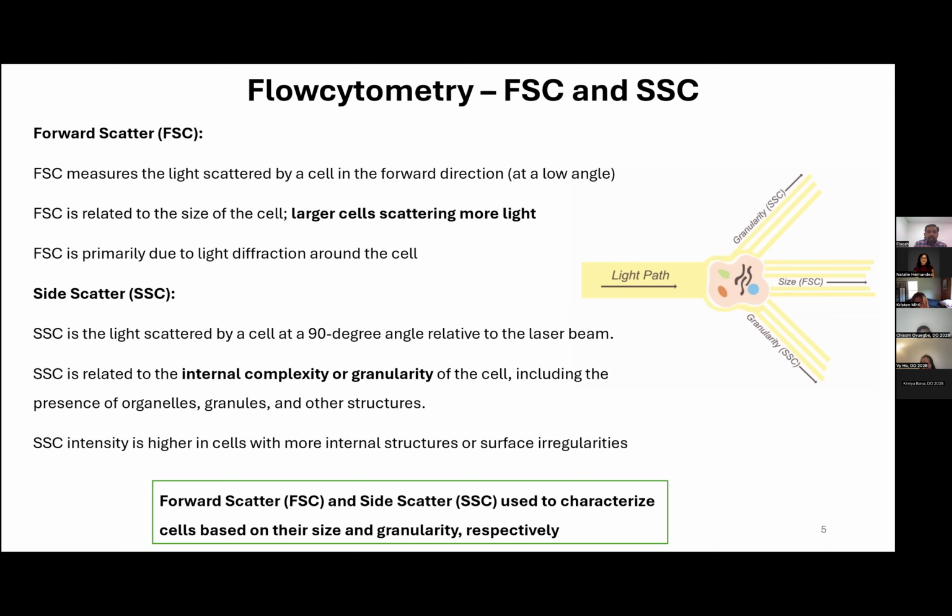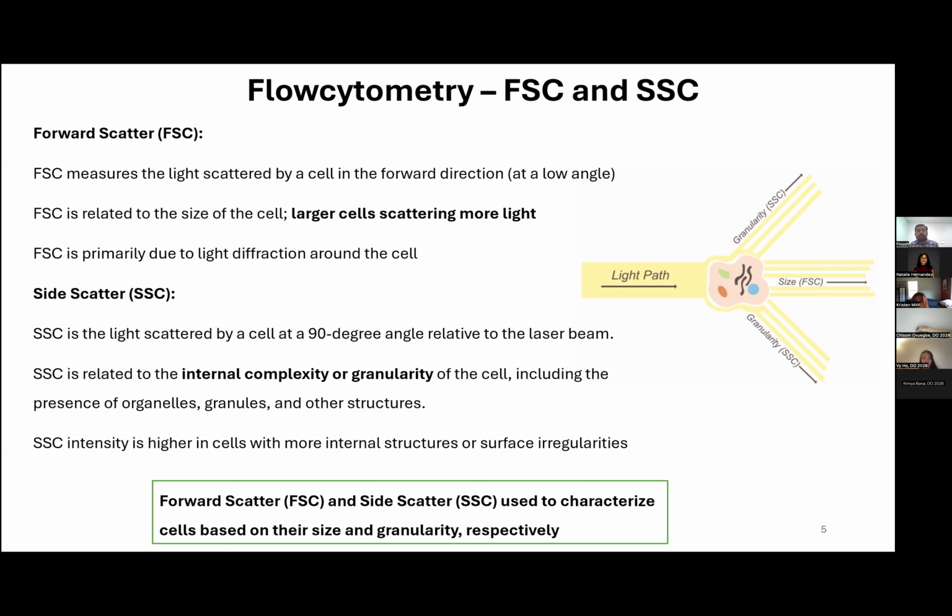When the side scatter intensity is higher, it indicates more internal structures. So the takeaway here is forward scatter gives the size of the cell, and side scatter gives the granularity or internal complexity of the cells.